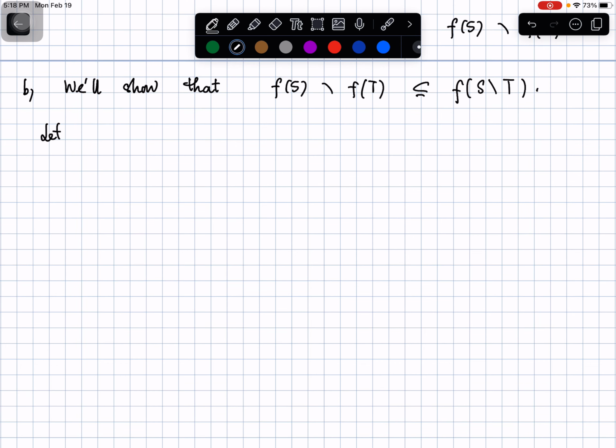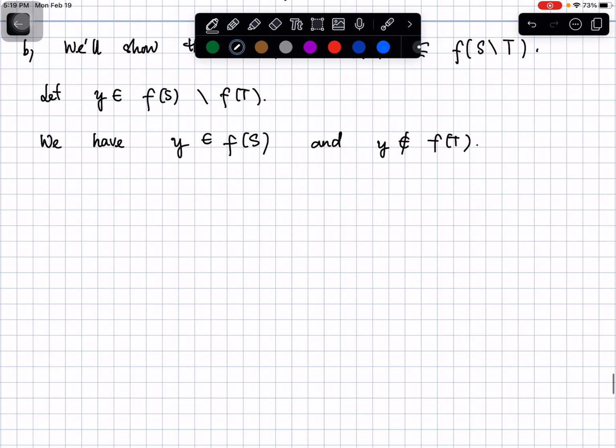Let y be in f(S) minus f(T). So we have y in f(S) and y is not in f(T). Y in f(S) means that by the definition of image, there is some x in S such that y equals f(x).